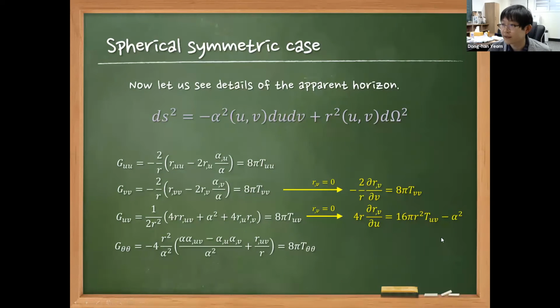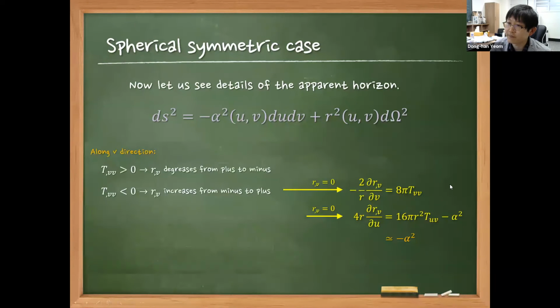Now one more thing is that near the horizon, if you can ignore the vacuum energy contribution, which is usually related to the TUV part, then this term is approximately negative definite, minus alpha squared.